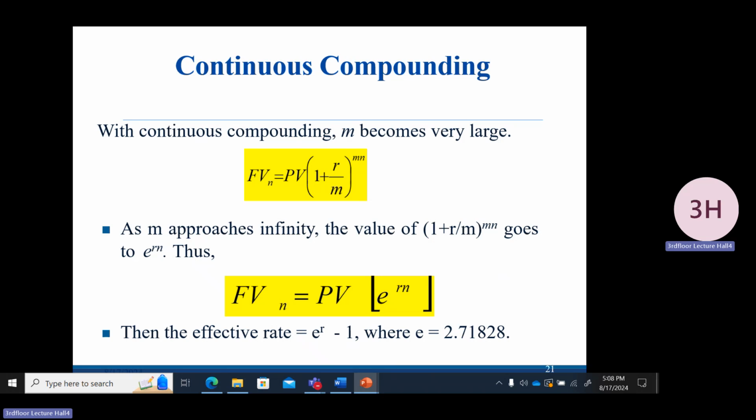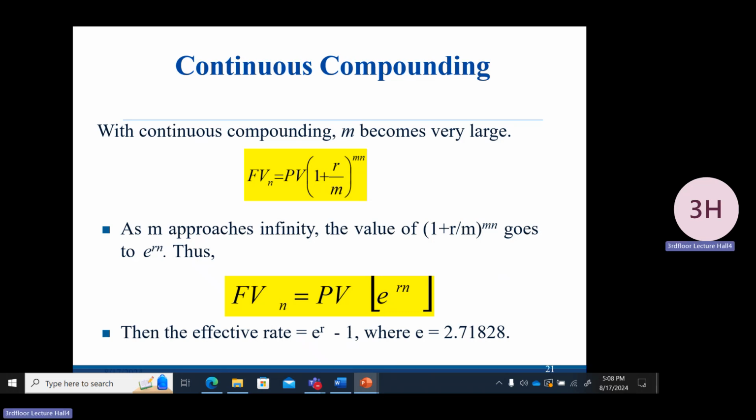It is a fixed number. So e to the power r into n is the future value with continuous compounding. And the effective rate you can also calculate with continuous compounding: e to the power r minus 1. So this is the maximum possible number you can reach.